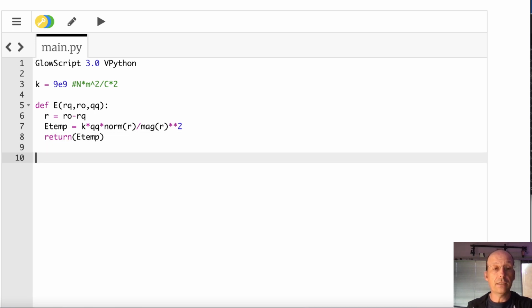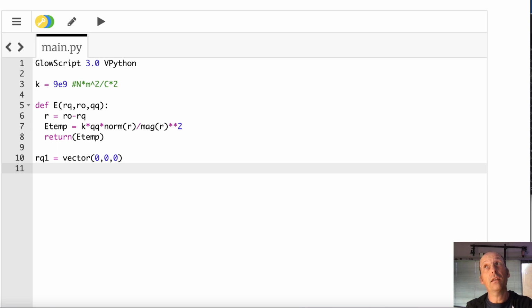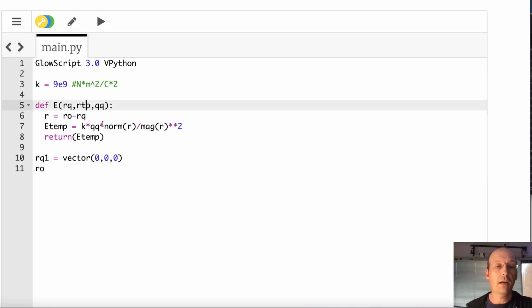Okay, so let's test this. Let's say I have a charge at R1Q1, it's at the origin. I'm going to put it at the origin, so vector 0, 0, 0. I want to find the electric field at 0.01 meter on the x-axis. So RO, I don't like that, let's call this RTO.